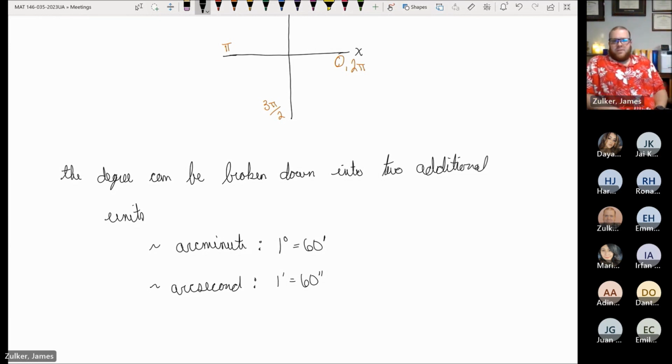So an arc second is 1/60th of an arc minute, or 1/3600th of a degree. We don't call it the arc hour, but that would be the degree.